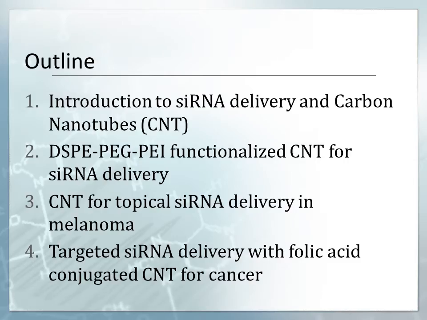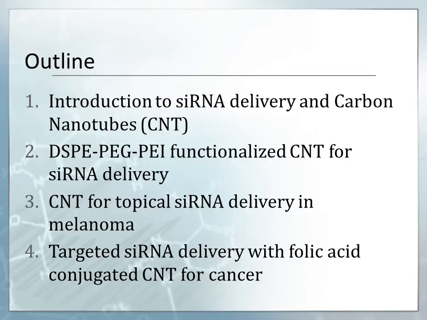Here is the outline of the presentation today. First, I'm going to give a brief introduction to siRNA and carbon nanotubes, or CNT. Next, I'm going to show you three different approaches on using the functionalized nanotubes for delivering siRNA. The first one is lipopolymer, DSPE-PEG-PEI modified nanotubes for in vitro and in vivo siRNA delivery.